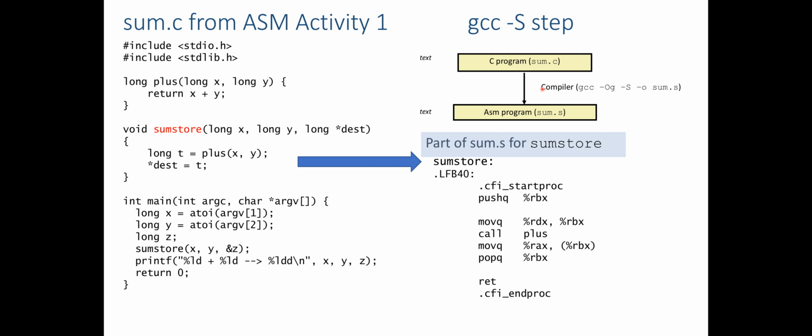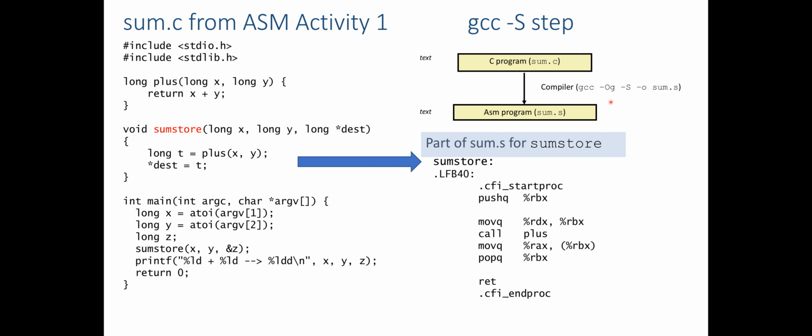So this is an example of how the compiler, if we give it this -S option, will create this assembly that looks like this. We also give it this -Og option because the assembly that gets created using this flag is easier to read.